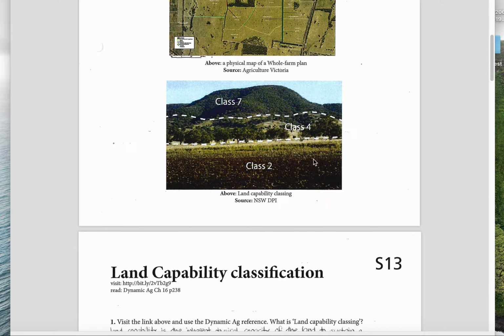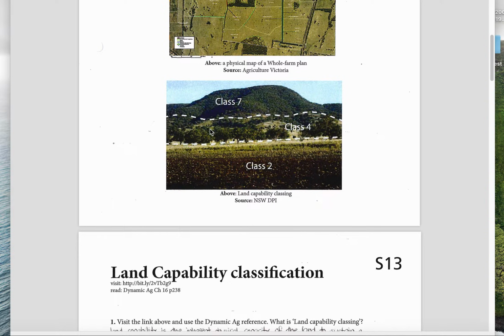So you can see here examples. So this area down here is highly productive, pretty flat, should have pretty deep soil and would be able to be cropped year round. And it's considered a class 2, and the classes go from 1 all the way through to 8. As you move up, to a 4, for example, here, you get steeper land. It's going to be maybe more rocky.